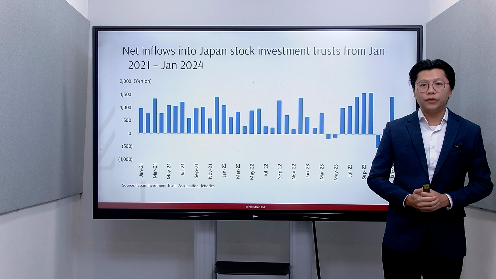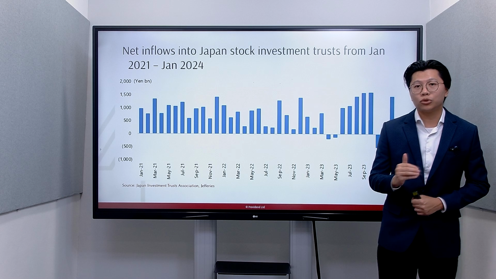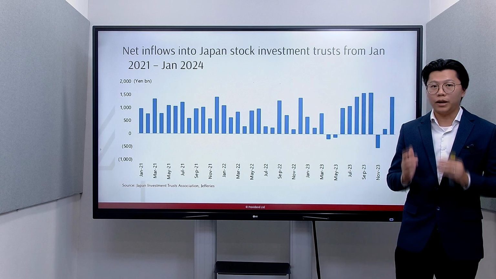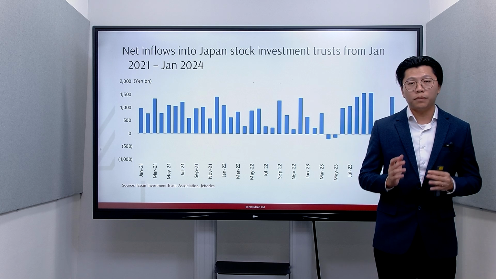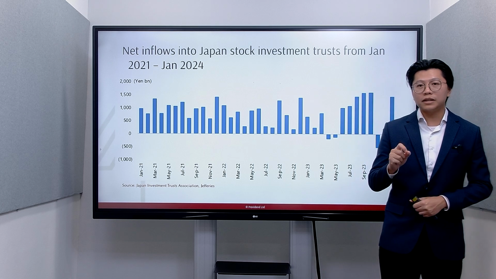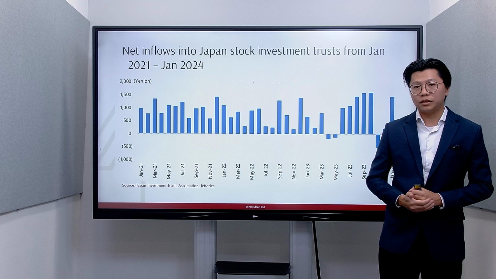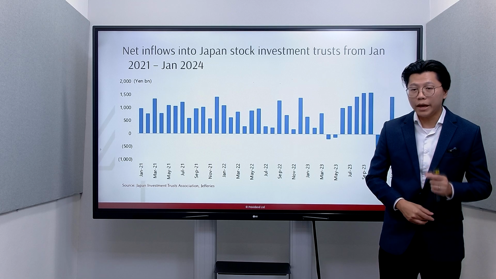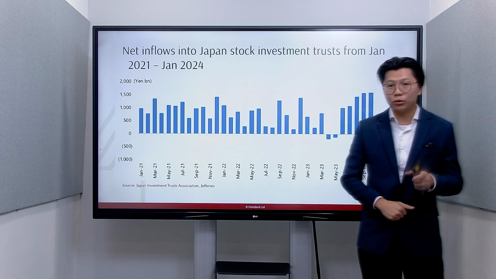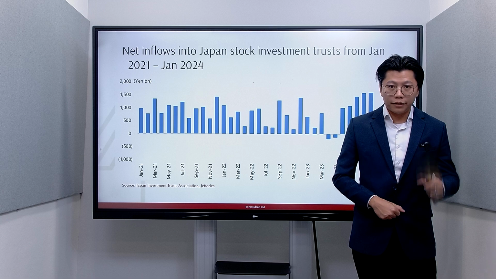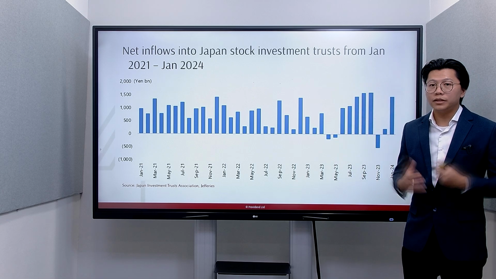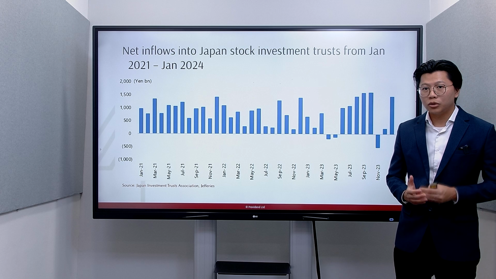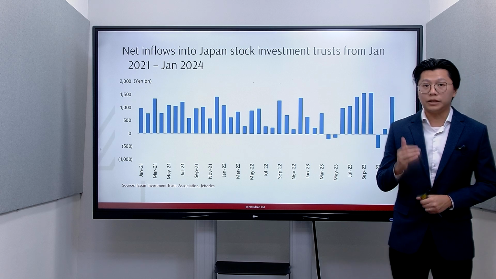In fact, we are already seeing Japanese households embracing investment in the equity landscape. With the introduction of tax-free measures through the NISA individual savings account reform, which encourages Japanese households to invest in equity, we are seeing a rising increase of investment through the NISA account.